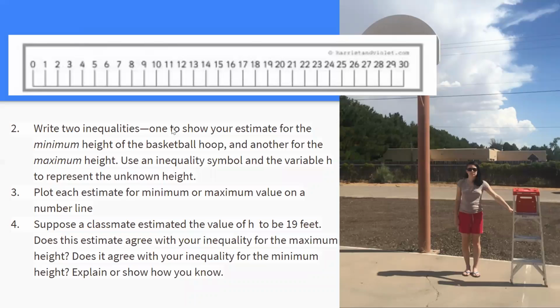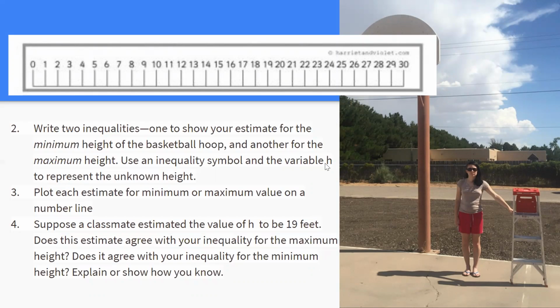We're going to write two inequalities. One to show the estimate for the minimum height of the basketball hoop, and another to show the maximum height of the basketball hoop. We're going to use the inequality symbols, and I'll show you what they are, and the variable h to represent the unknown height.